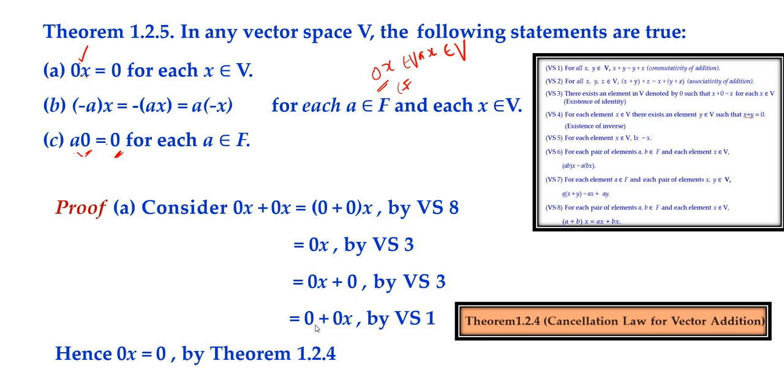And by commutativity you can rewrite this. So by cancellation law, you have 0x cancelled here and here. So cancelling 0x, cancellation law for vector addition, that's used. So 0x is equal to 0.